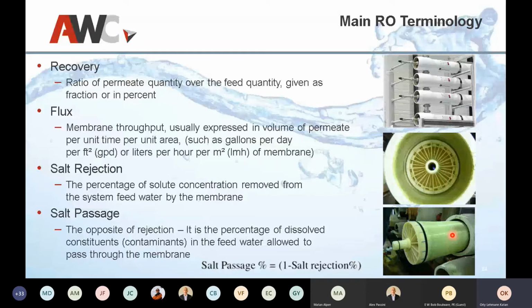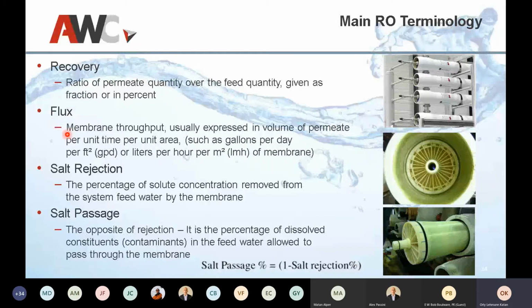So, some main terms that are important to know when we're talking about RO. Recovery is the ratio of the permeate quantity over the feed quantity. This is a percentage, so if we feed 100% of our feed stream, normally between 45 and 50% recovery is common, meaning 45% of the water that enters will turn into permeate, and 55% will be brine.